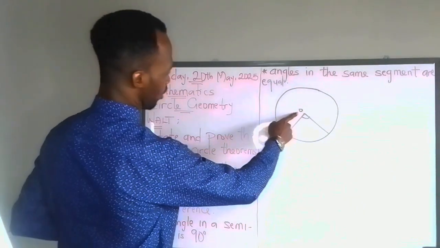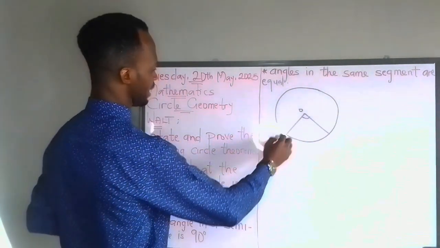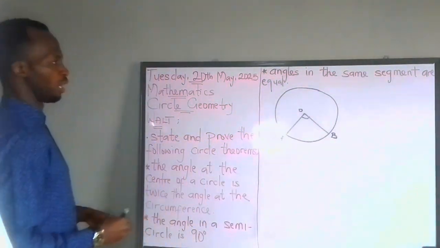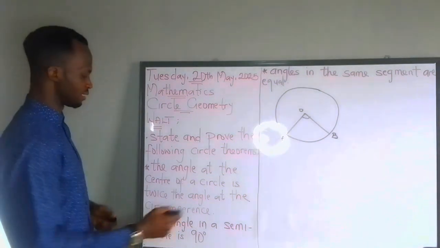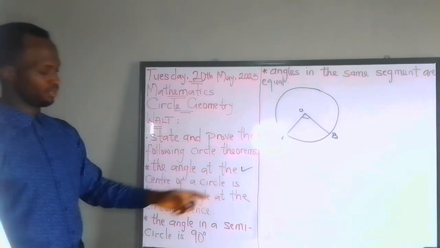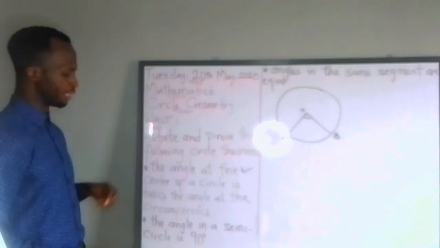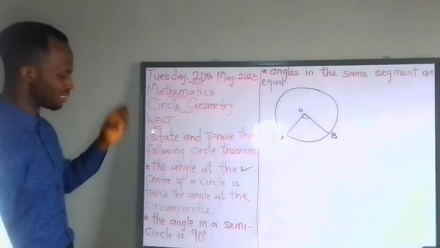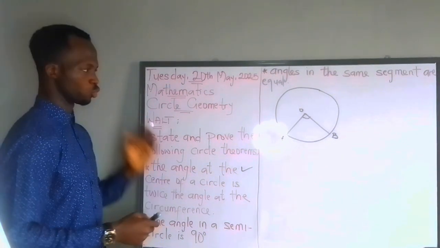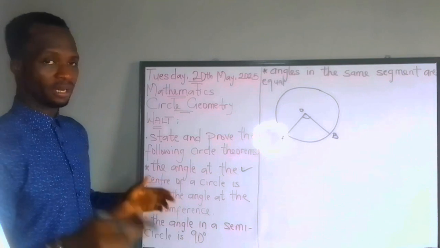So we have center O, we have arc AB, let's call this AB. We first want to prove that the angle subtended by an arc at the center of a circle is twice the angle at the remaining part of the circumference.